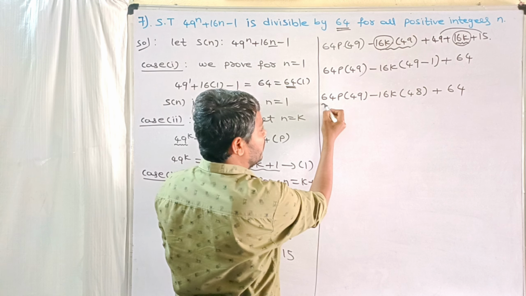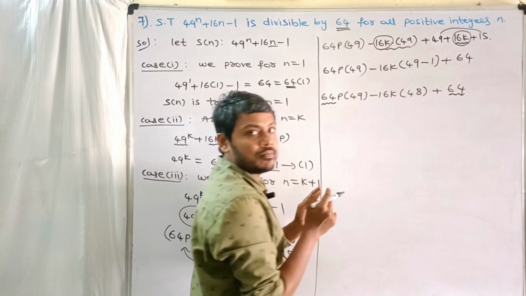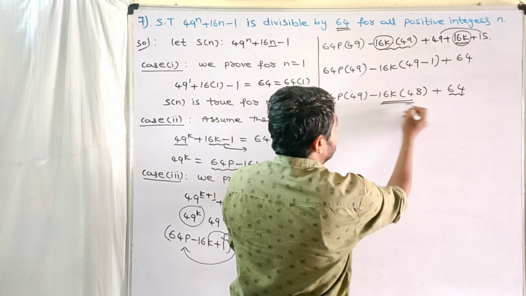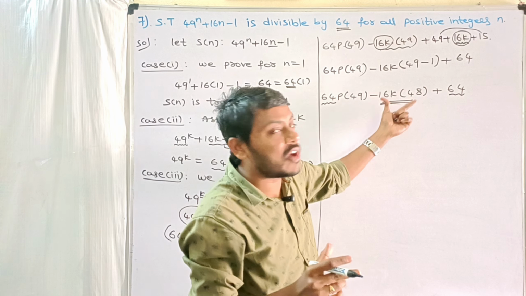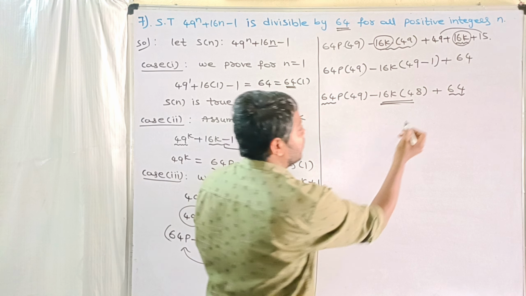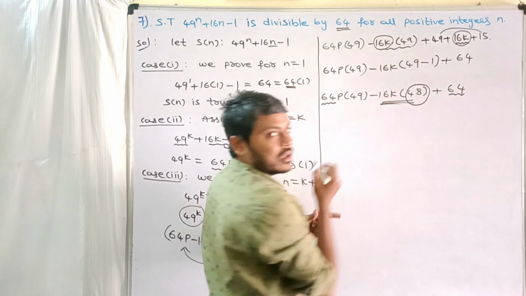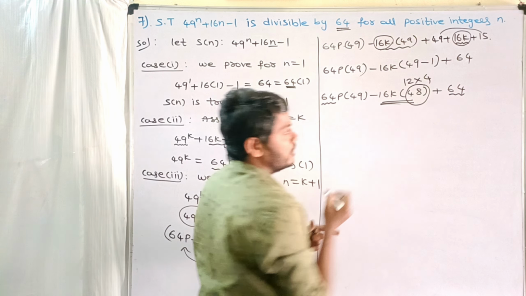Observe that in the first term there is 64, and in the last term there is 64, but in the second term there is no 64. So we should make this value into 64 times something. For that we can write 48 as 12 into 4.